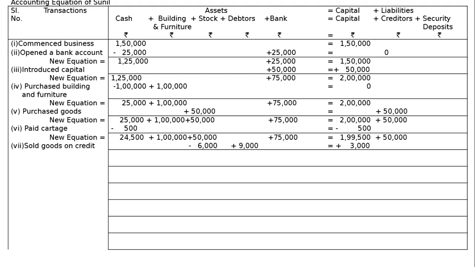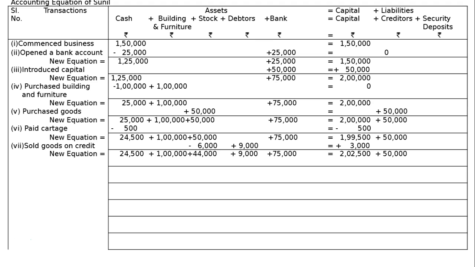Stock will be reduced by 6,000, the cost price deducted from stock. To whom we sell goods on credit, they are called our debtors. It will be increased by 9,000 and there is a profit of 3,000 which will increase our capital.